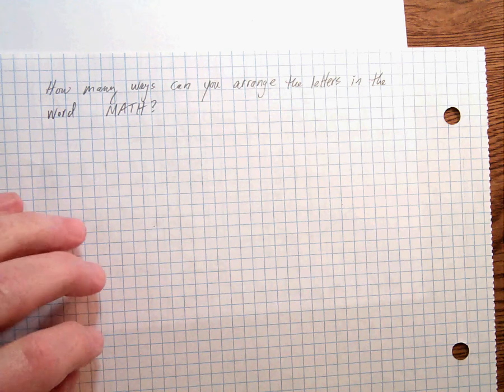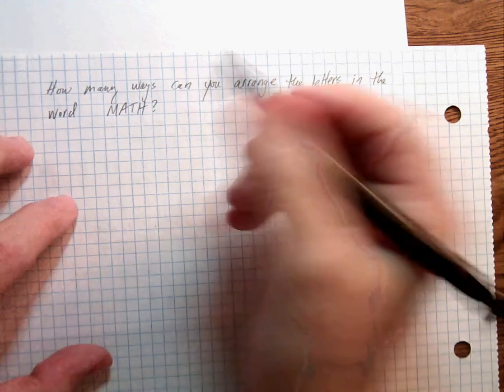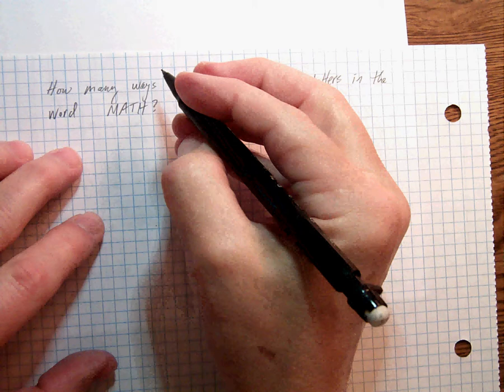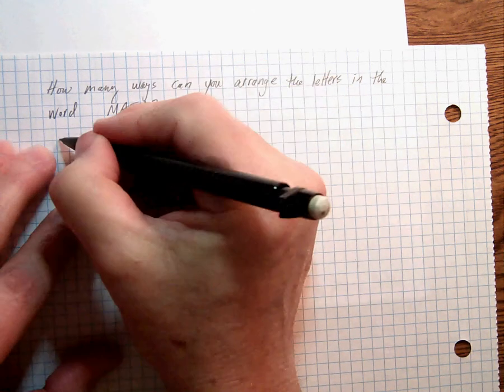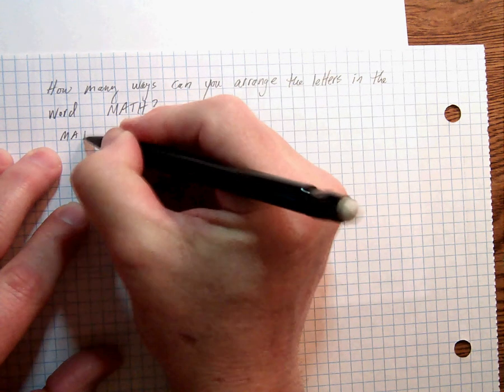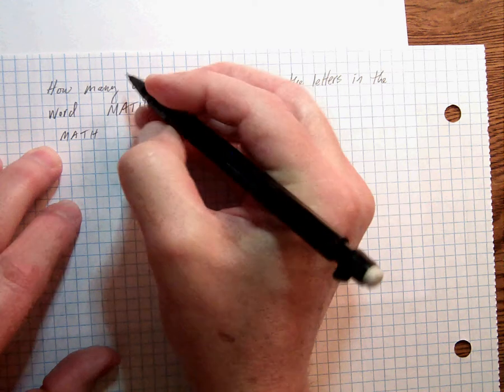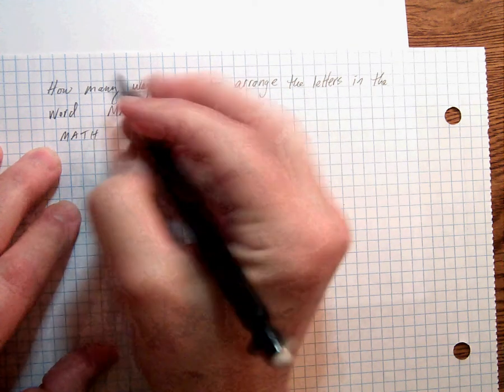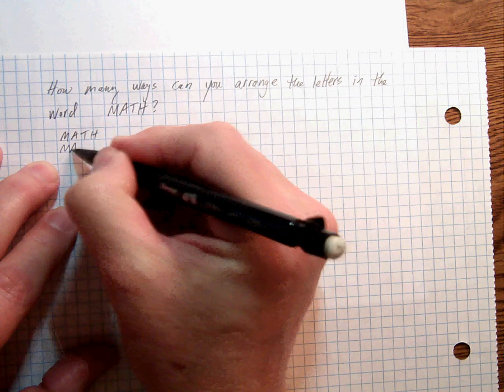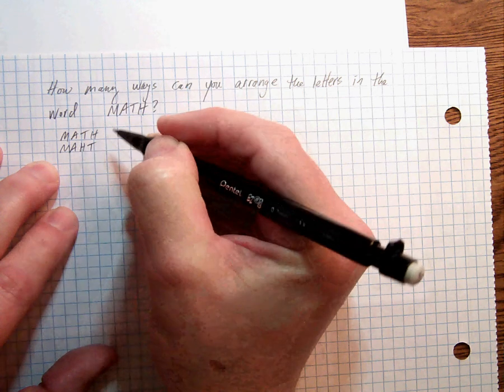And we could write them all out. It would take me a little bit, but let me just give you an idea of what I'm talking about. So you have this arrangement. That's one arrangement. I could switch the T and the H there and get M-A-H-T. That's another arrangement.